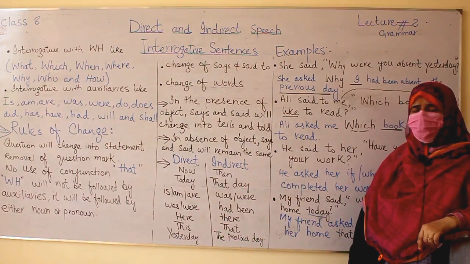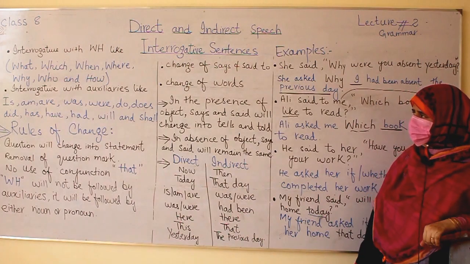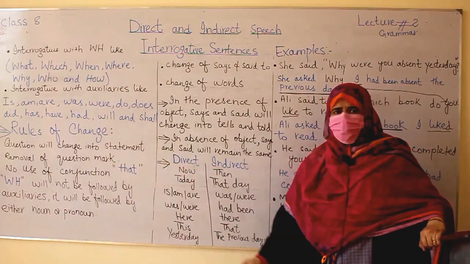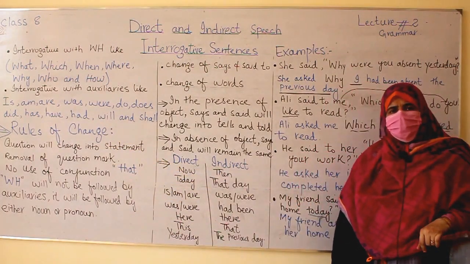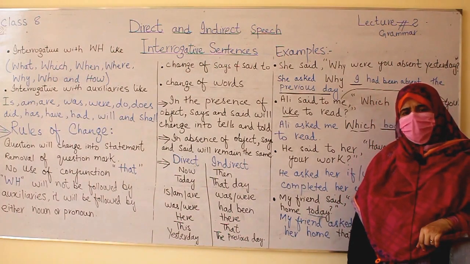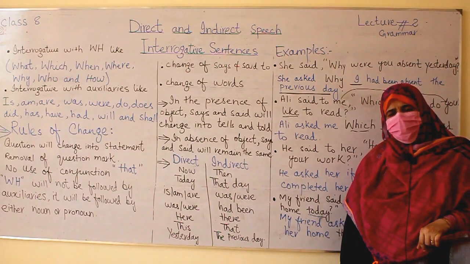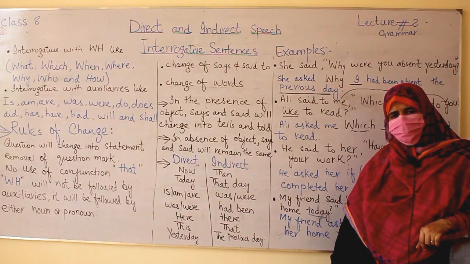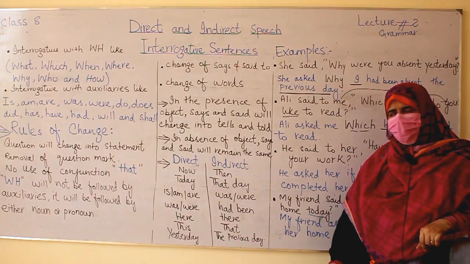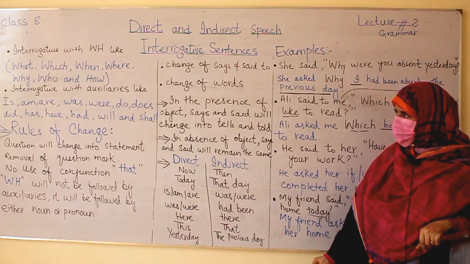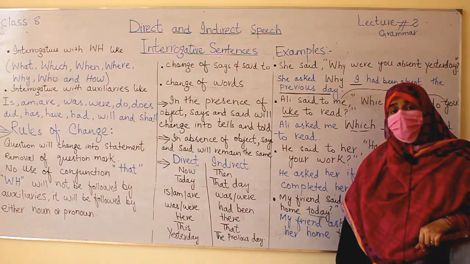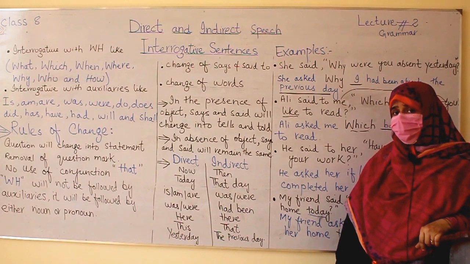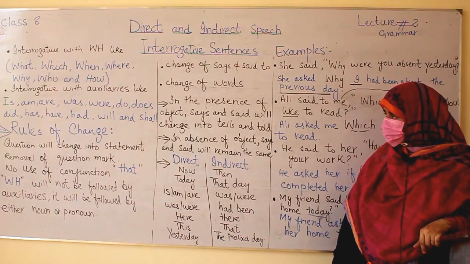So it would change into he had. Now we are going to talk about has. Has she taken her test? The teacher said, has she taken her test? The teacher asked if she had taken her test.